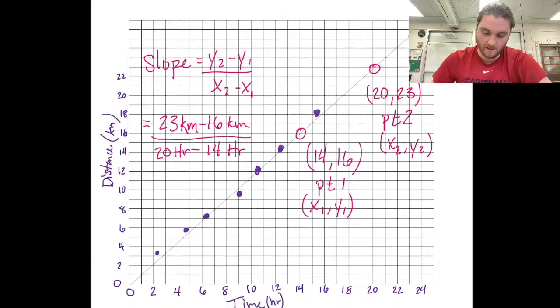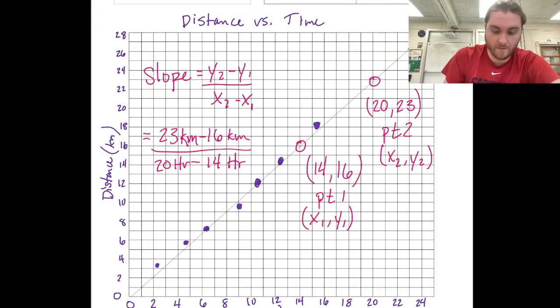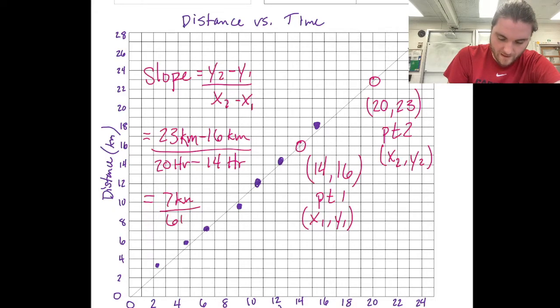So my slope is going to be equal to 23 minus 16, which is 7 kilometers over 6 hours.